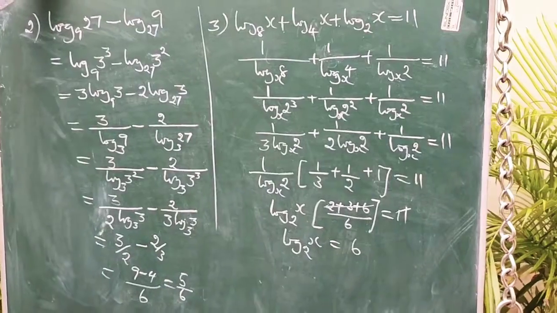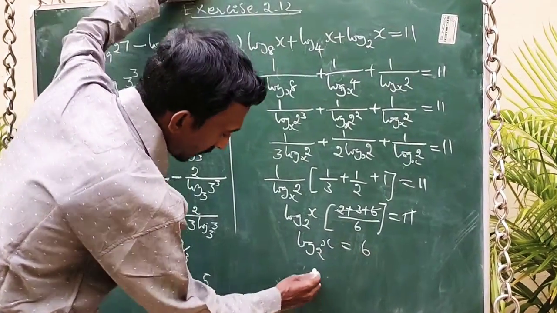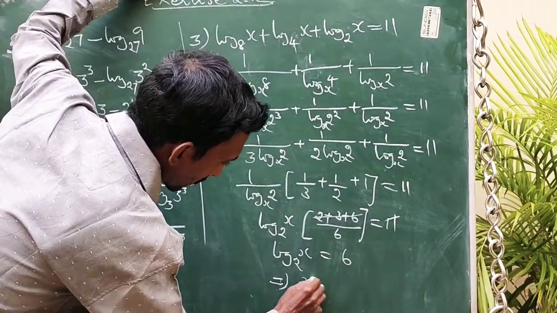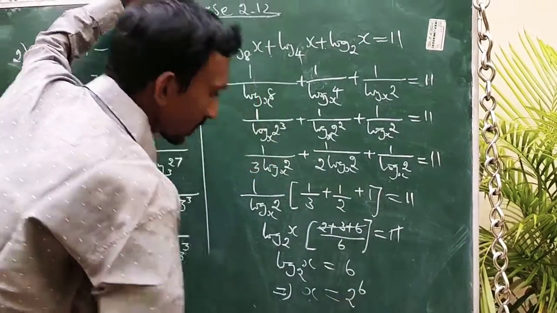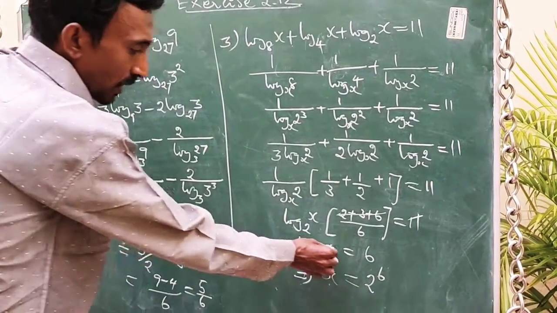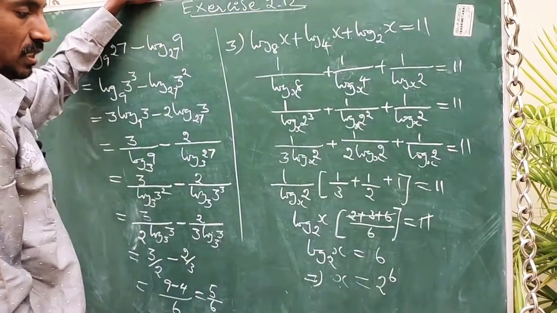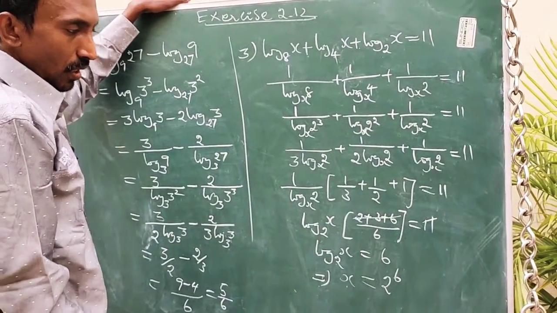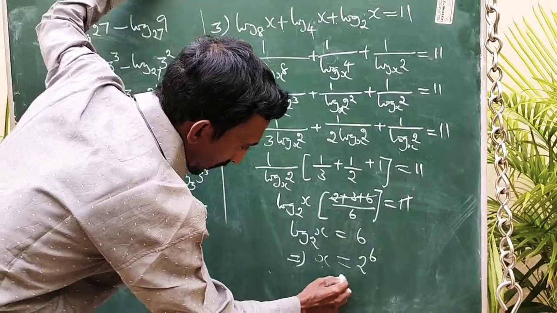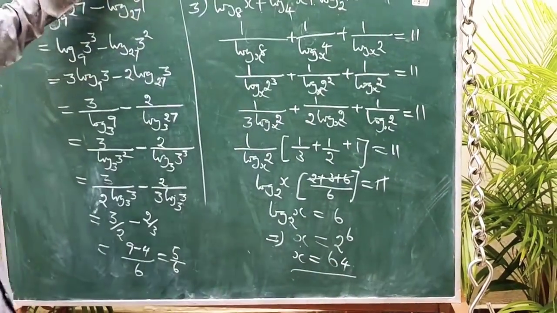So log x base 2 is 6 means, logarithmic to power function, x equal to 2 power 6. So what is 2 power 6? x equal to 64. That is the answer.